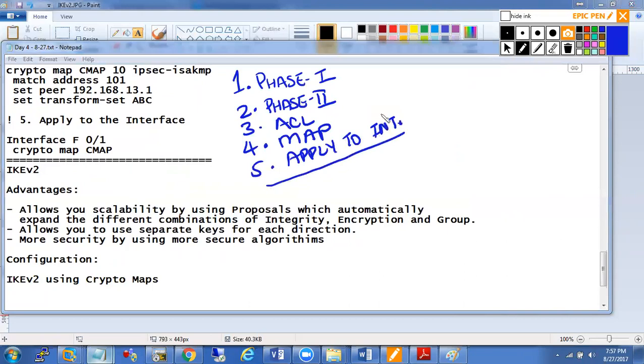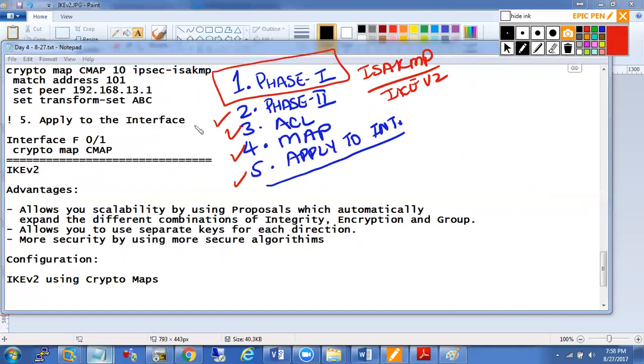Now, at the offset, what did I tell you? The only thing that changes in IKEv2 is phase 1. I'm going away from ISAKMP, which was IKEv1, to IKEv2. So these steps predominantly are the same.